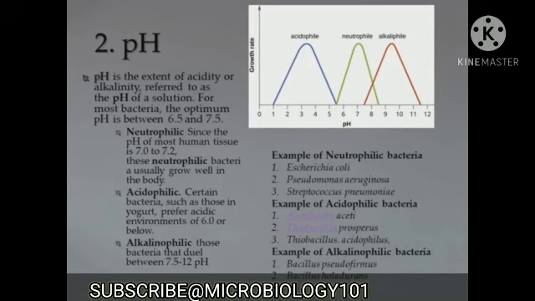Those categories of microorganisms that survive under 6.5 to 7.5 are called neutrophilic microorganisms, and they are usually found in the microbiota of human beings. They are the most familiar bacteria. They include Escherichia coli, Pseudomonas aeruginosa, and Streptococcus pneumoniae.